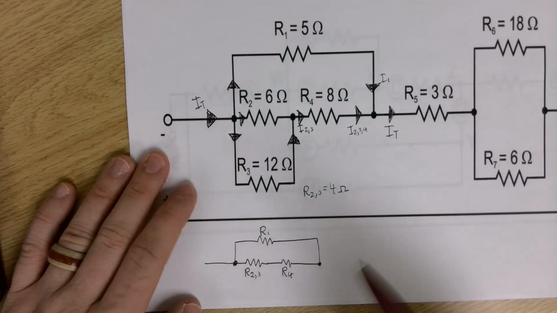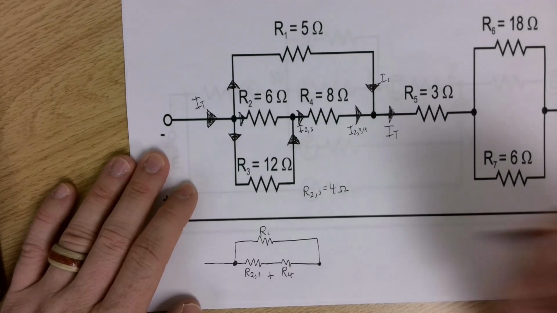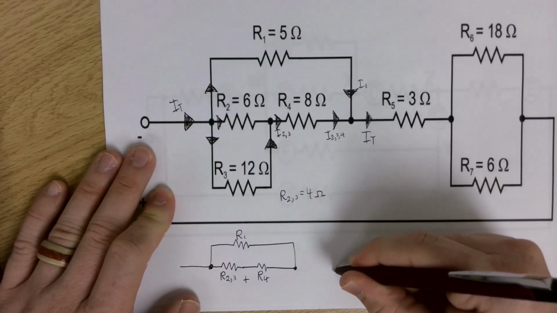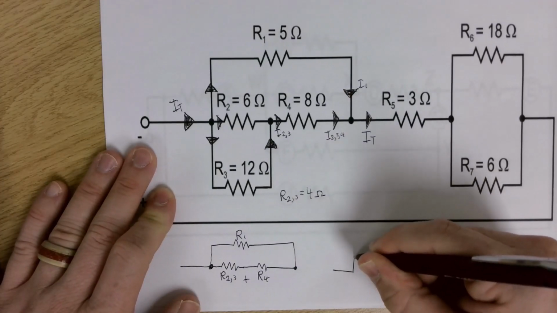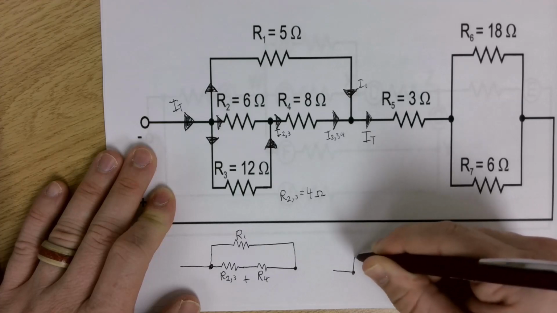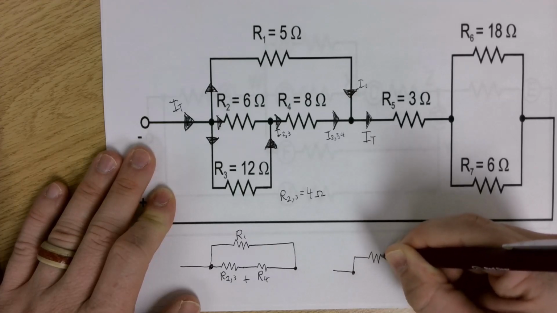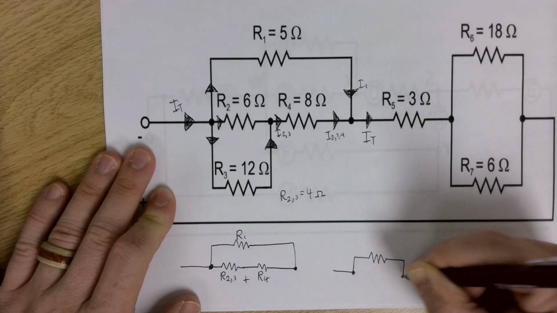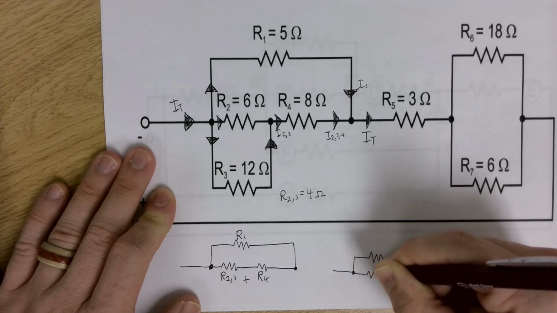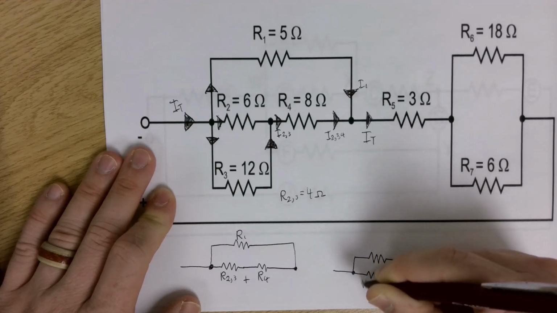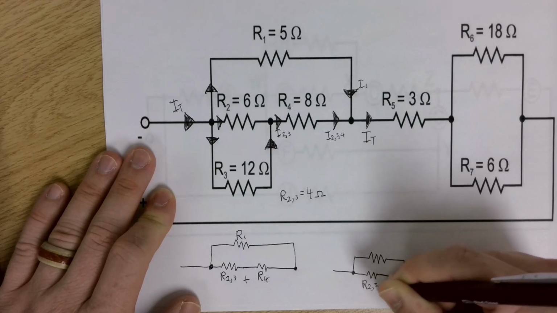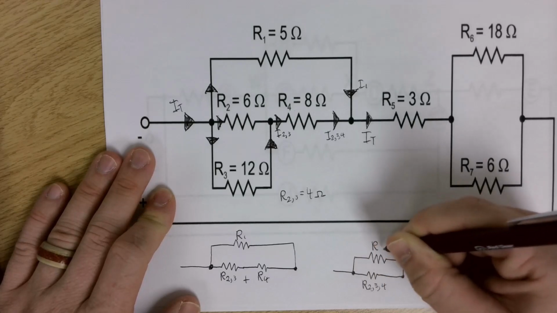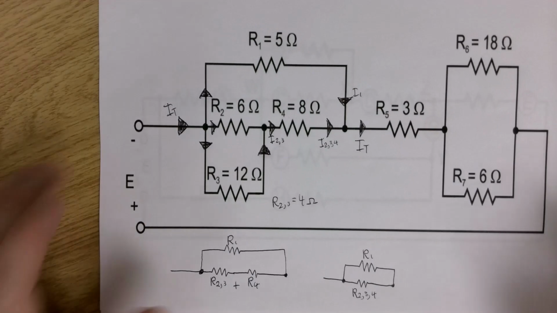So I can add these two resistors together to make it look like two resistors in parallel, which will now be R2, 3, 4, and R1. And then I can do that again.